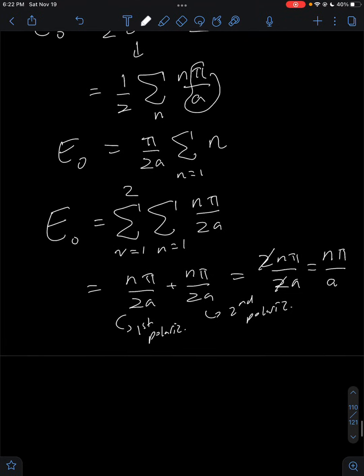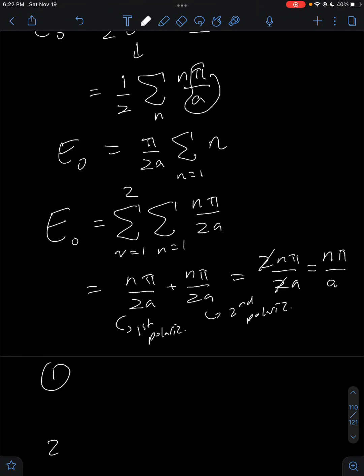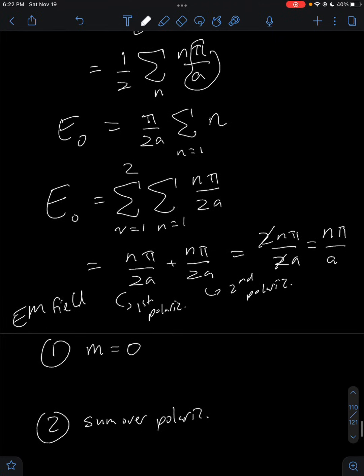So essentially, we had to make two modifications to describe the EM field. The first modification is to let the mass be 0. Second is to sum over the polarizations. So by doing that, we have that E naught, the energy density, is just a sum over n equals 1.